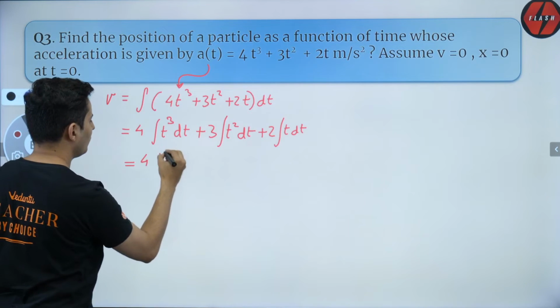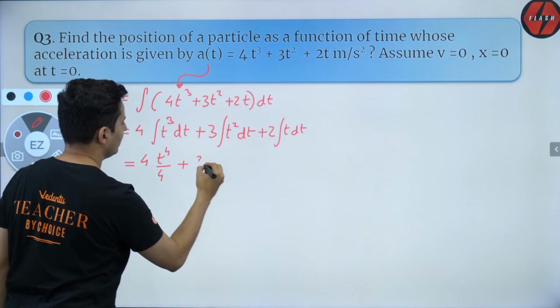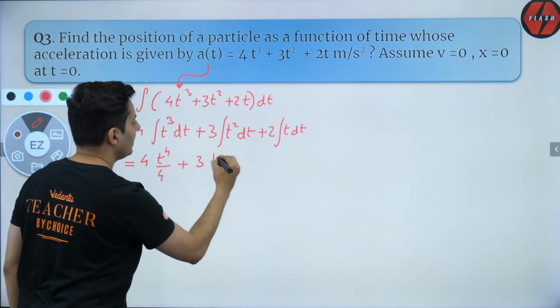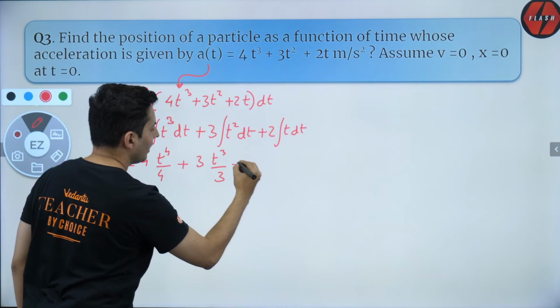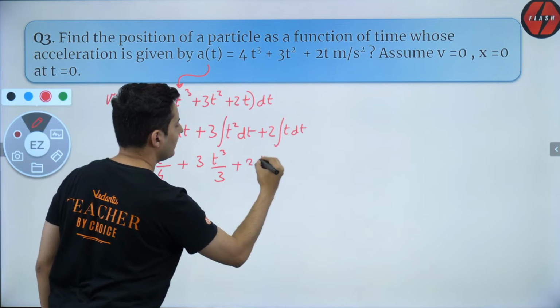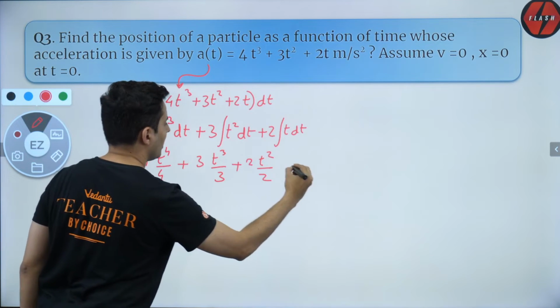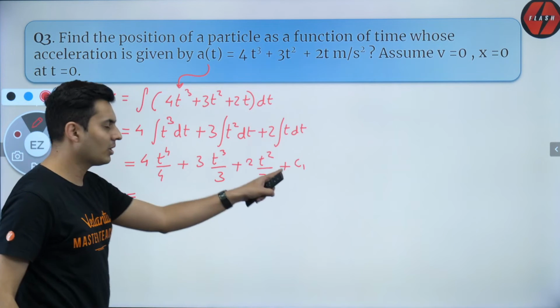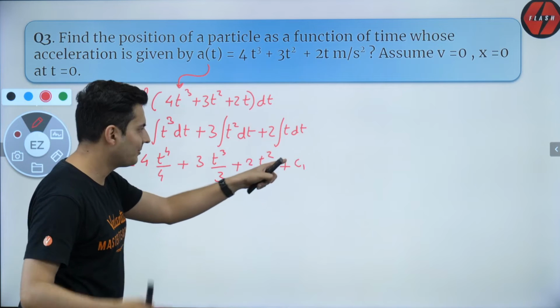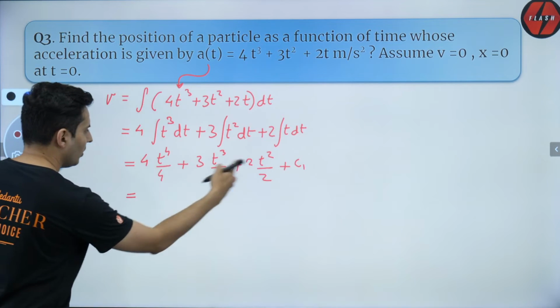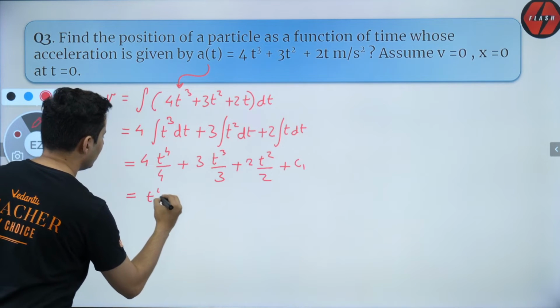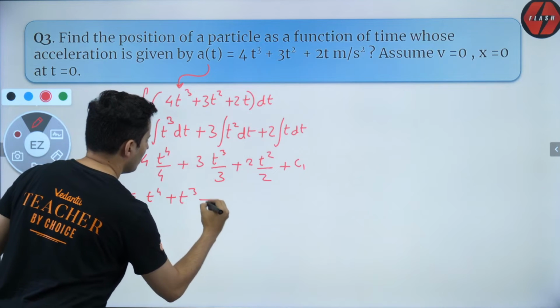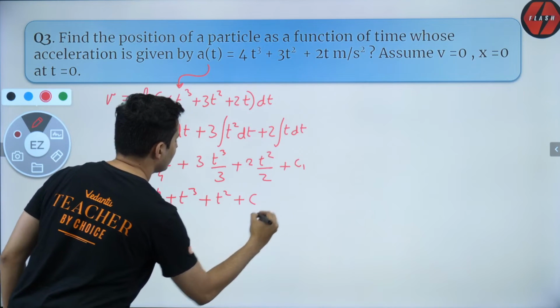This will become t raised to 4 by 4 times 4, plus 3. T square's integral will be t cube by 3, and t's integral, guys, will be t square by 2, of course, and plus one constant which I do not know yet. I'll put it as the first constant because I'll have to integrate it twice, so I might get another constant as well. All these numbers get cancelled, so it will become t raised to 4 plus t cube plus t square plus c1.